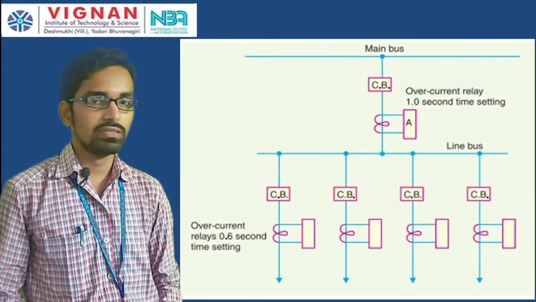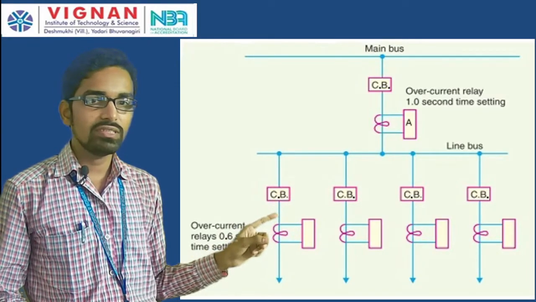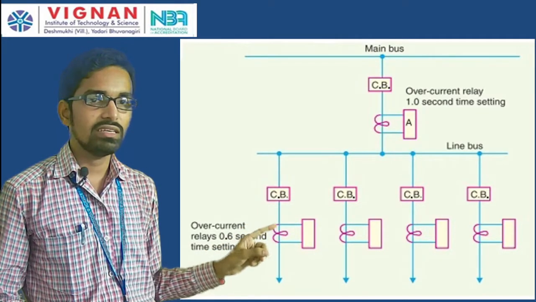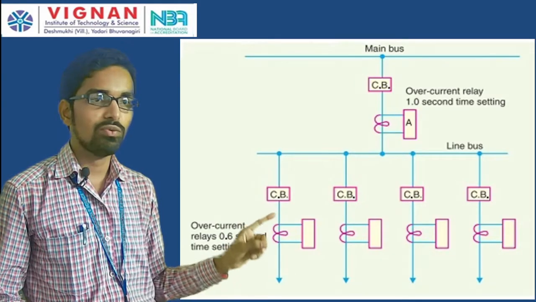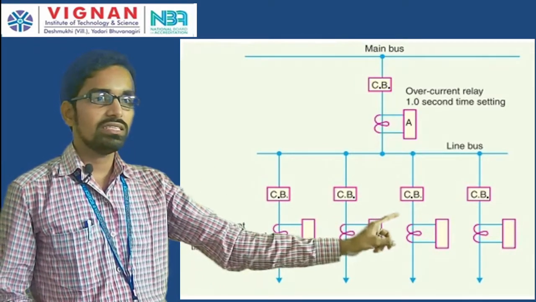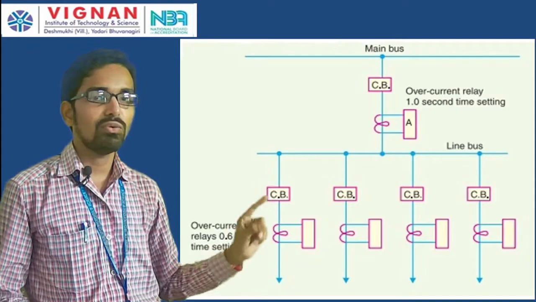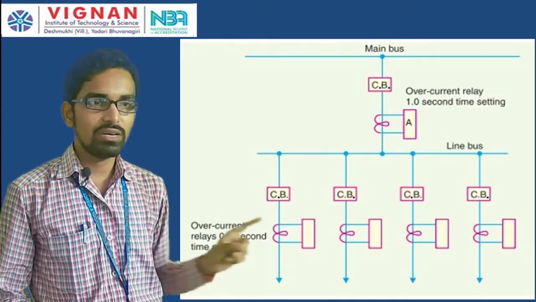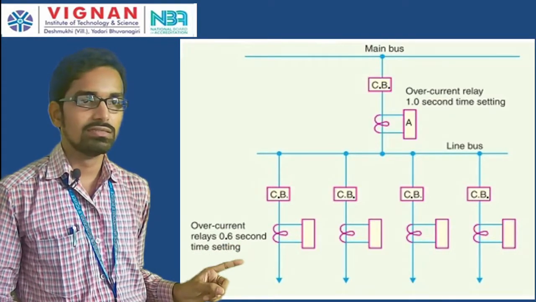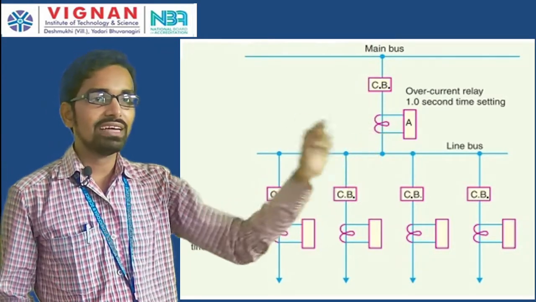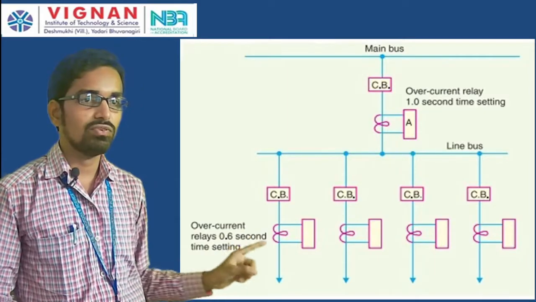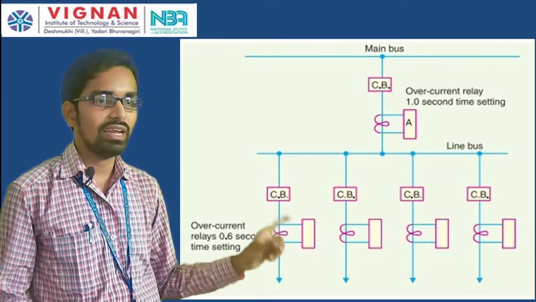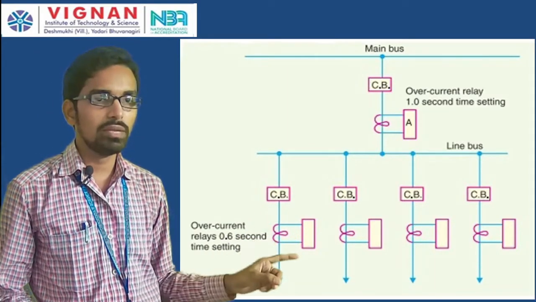There are 4 lines here, and in these 4 lines we have 4 relays and 4 circuit breakers. Each relay is an overcurrent relay with a time delay of 0.6 seconds. So, relay A will act as the backup protection, and the 4 relays in the lines will act as the primary protection.